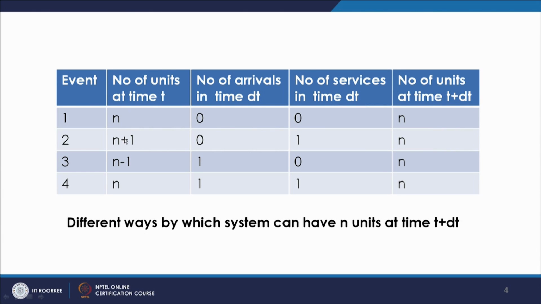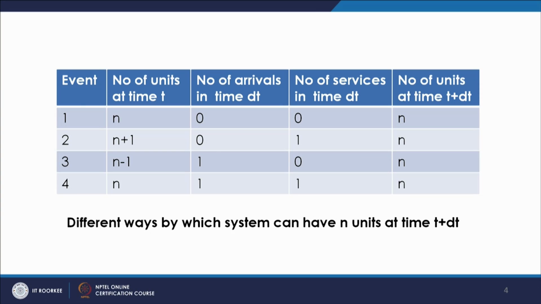So, this probability will be p n plus 1 t, and in that case if there is no arrival and one service, again you will have n customers remaining. Third case will be you have n minus 1 customers in the system at time t, you have one arrival and no departure or no service, in that case you have n customers in the system. And the fourth case is that you have n customers in the system, you have one arrival and one departure. So, you get n itself at time t.